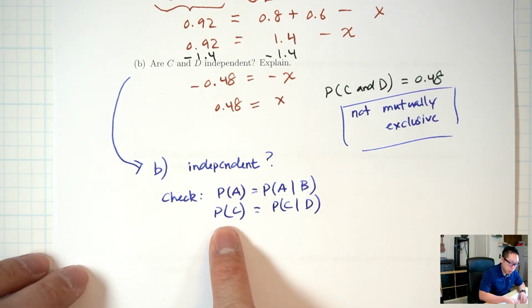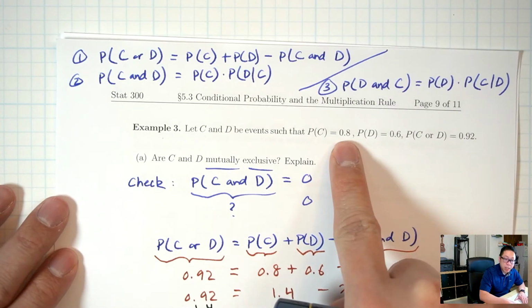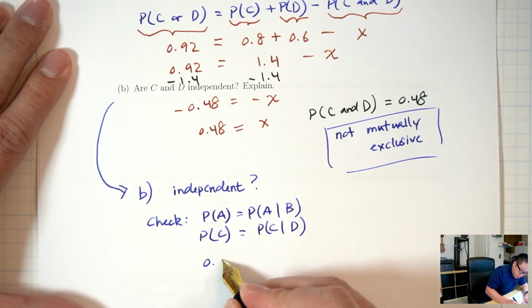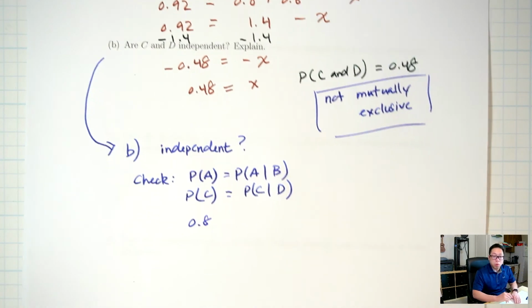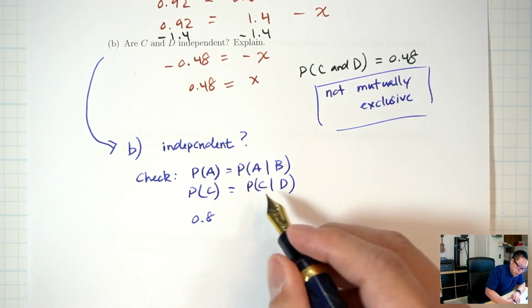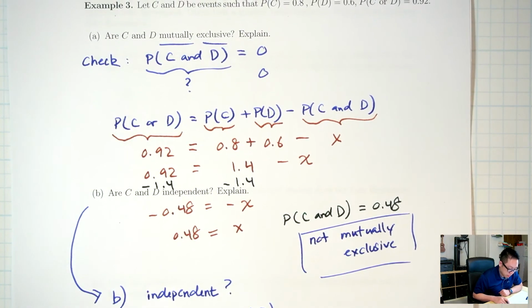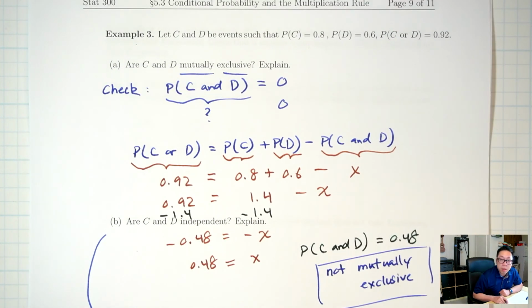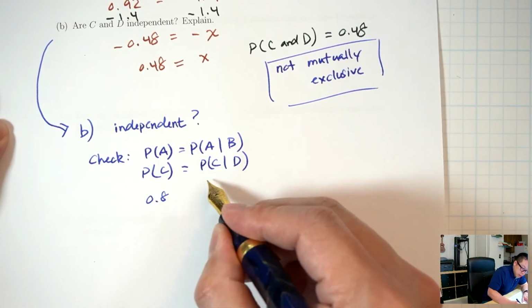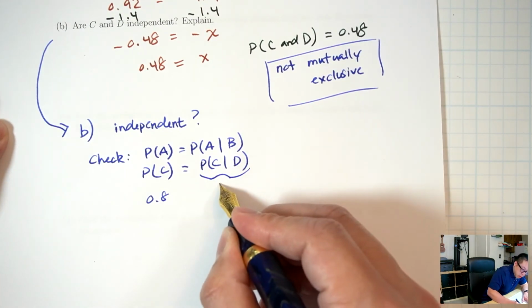Left side, probability of C, I know it's 0.8. Okay, right side, C given D, I don't think I have yet anywhere. Okay, so I actually have to find the right side.